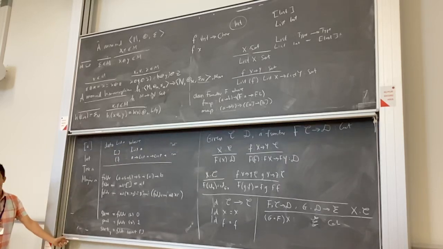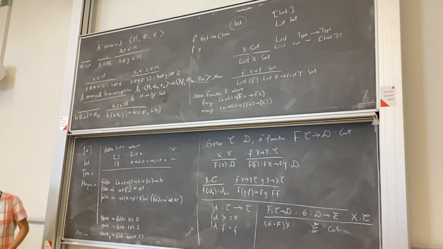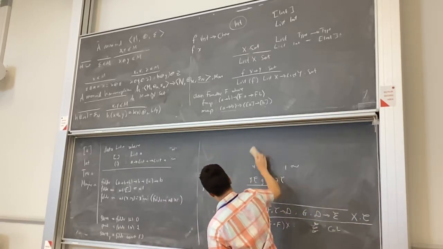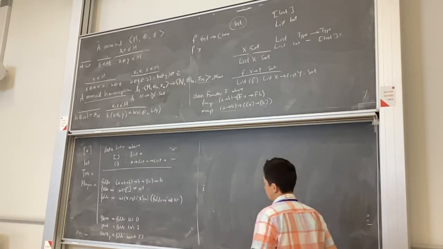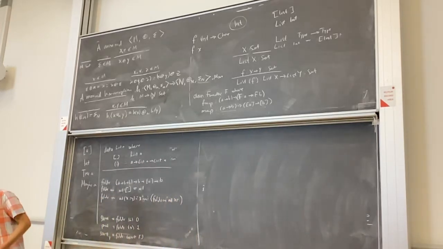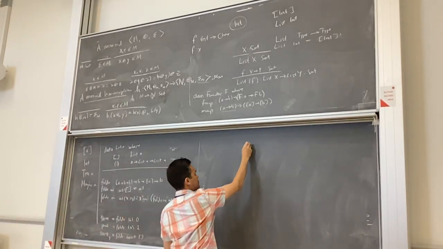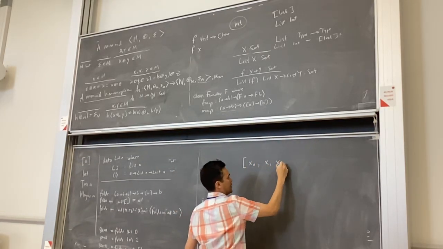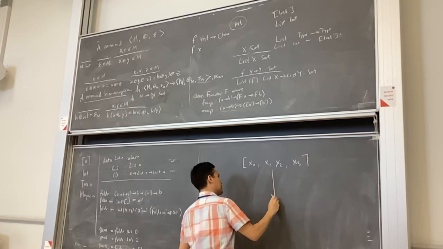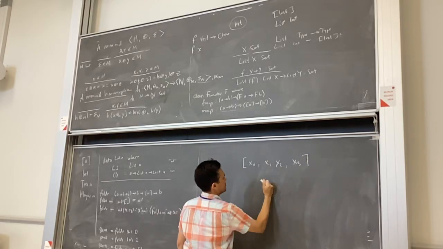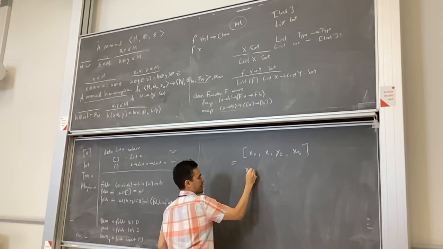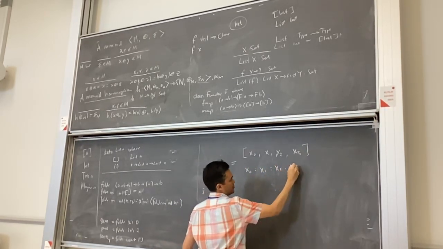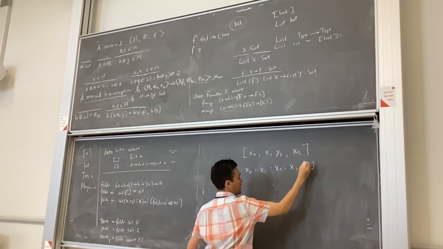So what am I trying to emphasize? I'm trying to emphasize that something extraordinarily boring happens when we form a list. Whenever you have a list of things, like x0, x1, x2, x3, this is equal to x0 cons x1, cons x2, cons x3, cons the empty list.